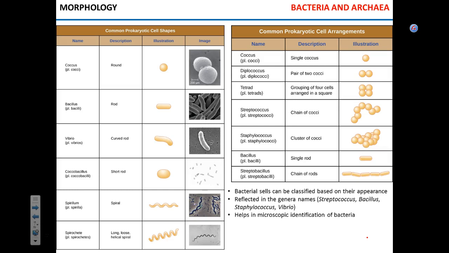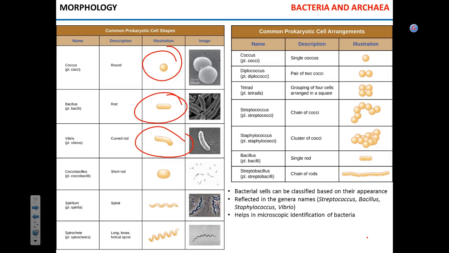So first, the shape of the cells. This is something you need to know. I will ask you. It's really easy to memorize, but I will ask you. Coccus, round-shaped cell. Bacillus, rod-shaped cell. Vibrio, curved rod. These names are reflected in the names of some microorganisms, like Staphylococcus, round-shaped. Bacillus anthracis, rod-shaped.